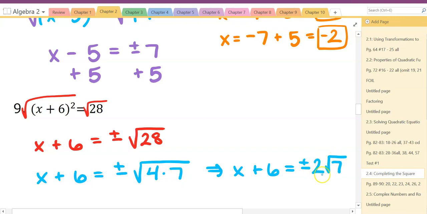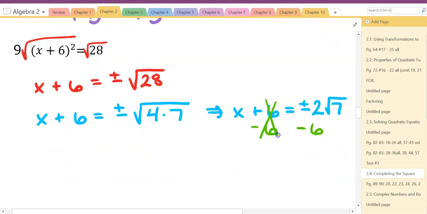So because I have this simplified radical over here on the right side, to get x alone, like you guys would have done earlier, you would subtract your 6. So now it says x. And what you're going to want to do on the right side is not try to actually do the math there. You're just going to write out the statement.